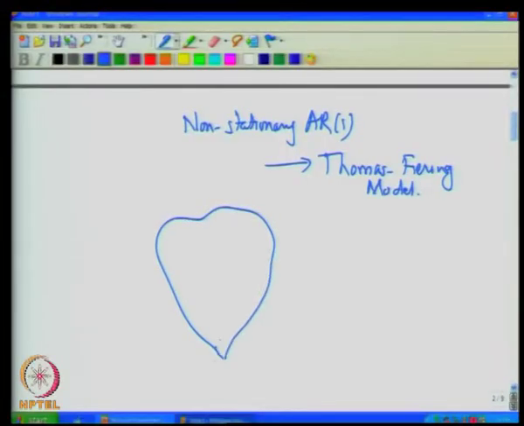Now, look at a situation where you are not dealing with one stream flow, but you have the same watershed and you are interested in building a reservoir. Let us say at this location you want to build a reservoir site, and the flows that are coming here are sums of 2 or more stream flows. Let us say you have a stream flow coming here from this point, from this point, from this point, and the main stream flow.